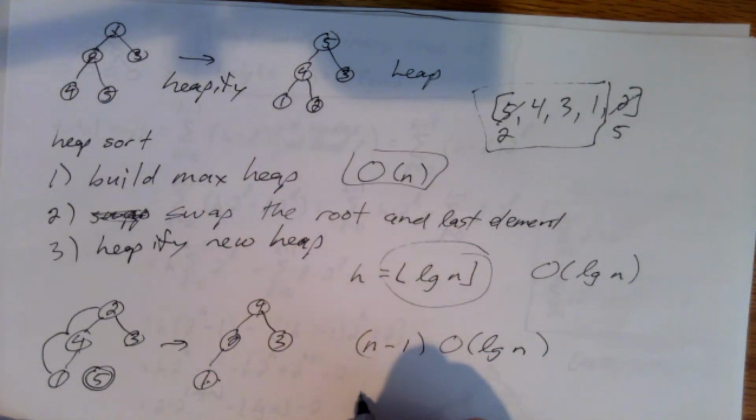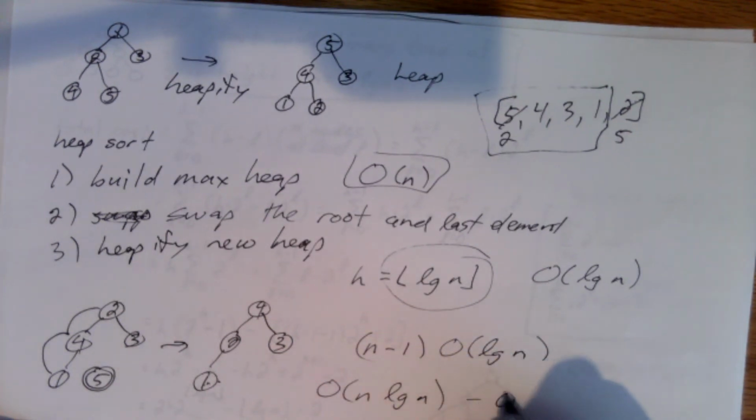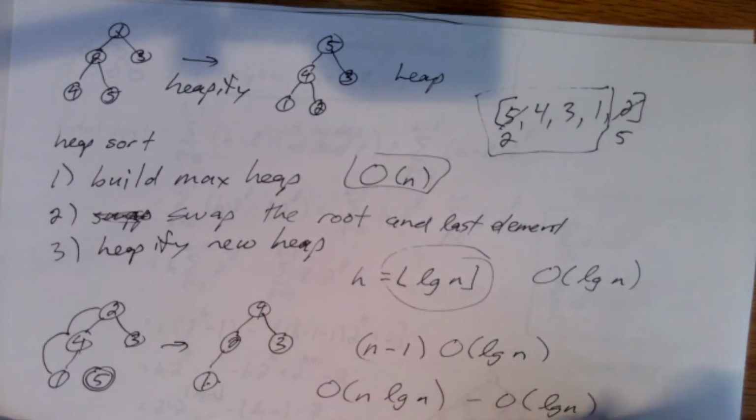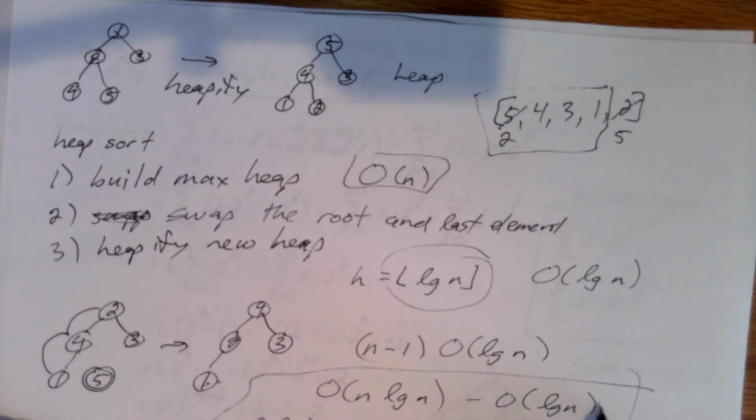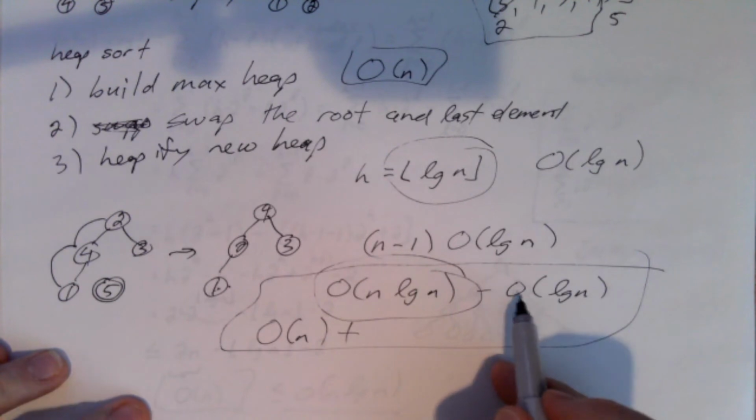So this part becomes big O of n log n minus big O of log n, and then we have the cost of building the heap. We add the 3 together, this plus this plus this. This is the dominant term of the overall thing.